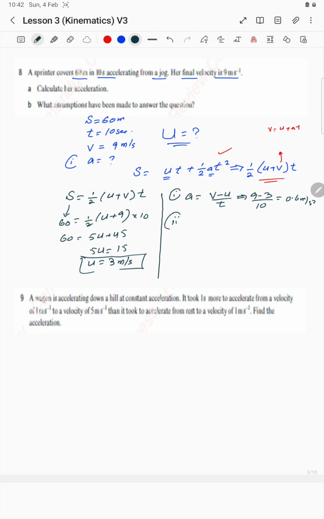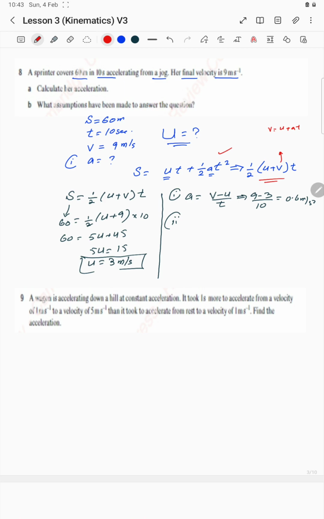And the second one is: what assumption has been made to answer the question? Now we have to think about this part B. For the assumption, we can say there are a lot of assumptions.